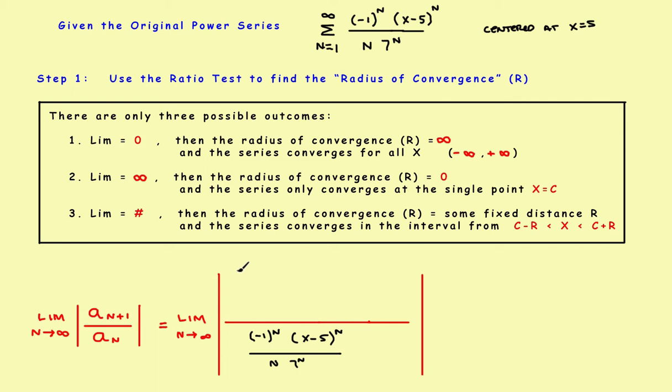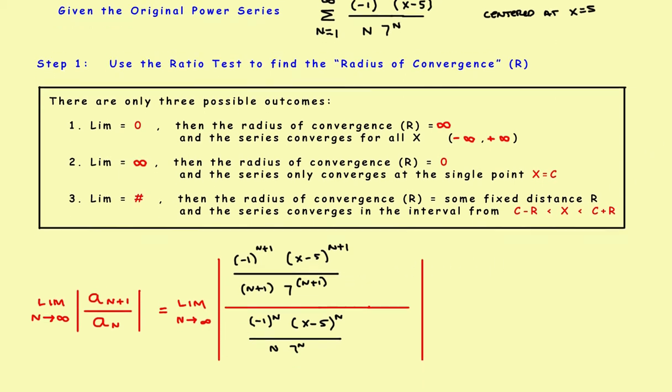So in the numerator I would have negative 1, only this time to the n plus 1 power, x minus 5, again to the n plus 1 power, all divided by, in place of n, I'll put n plus 1 in parentheses, then 7 raised to the n plus 1 power. So it'll look like that.